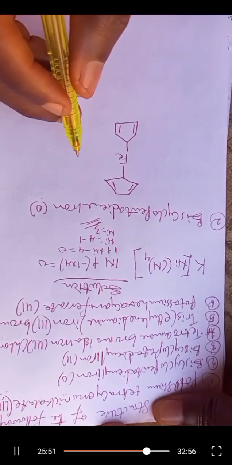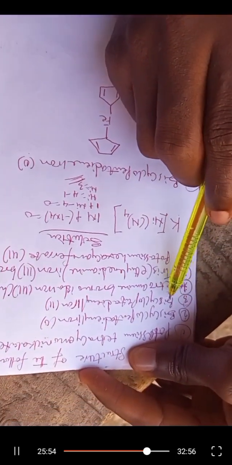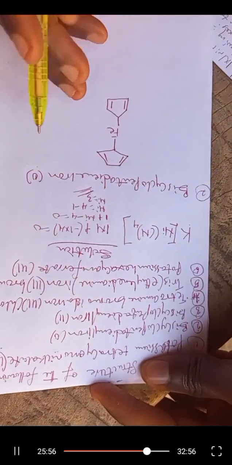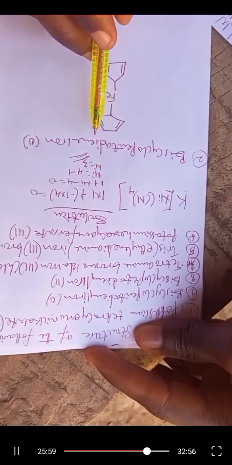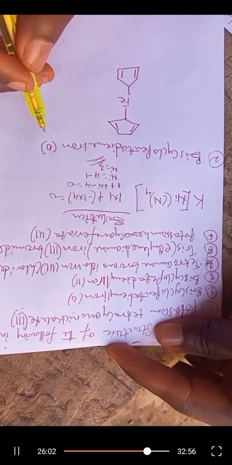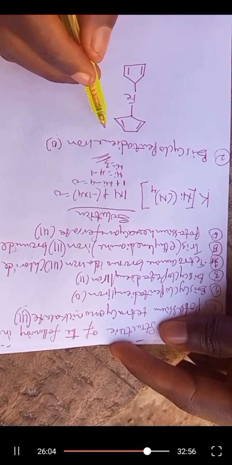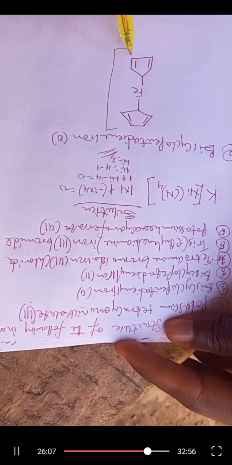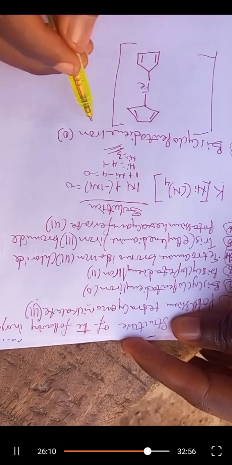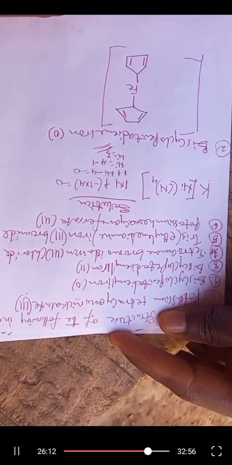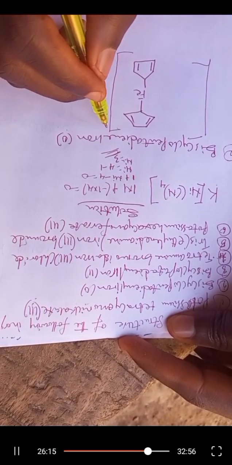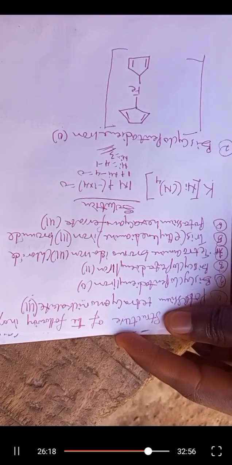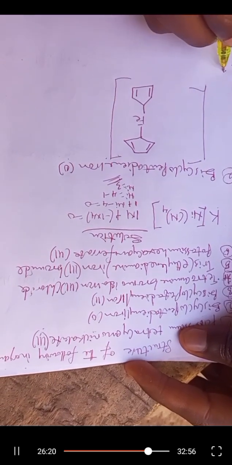So let's try it now. In case number 3, let's try to name this number 3, bis(cyclopentadienyl)iron(II). If you have bis(cyclopentadienyl)iron(III) and iron(II) that is not 0, or they say ferrocene(II), just try to open a big parenthesis like this and put that number, which is iron(II) or iron(III), on top here. Let me try to name the one that looks like that.